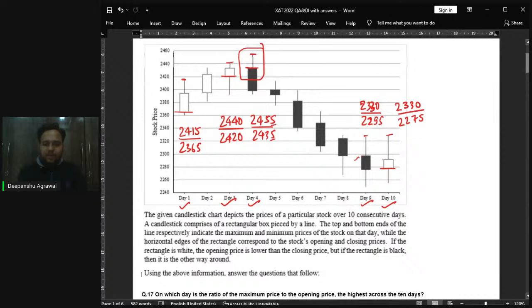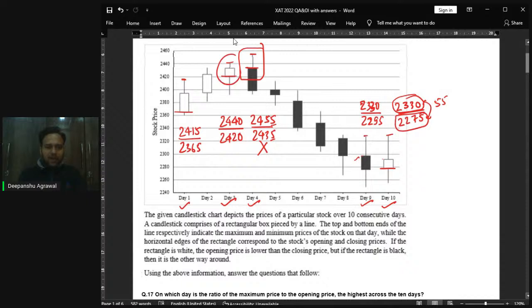Compared to the day 10 data, which has a difference of around 55. So with a smaller denominator and a very high numerator comparatively, we can say that this ratio cannot be the highest, right?